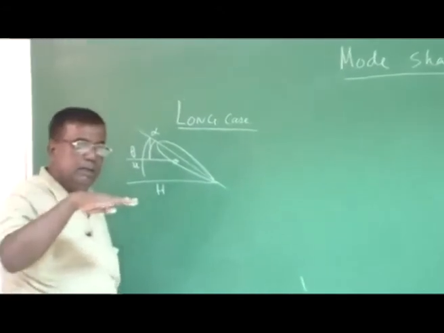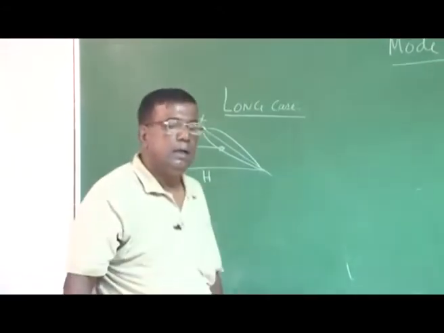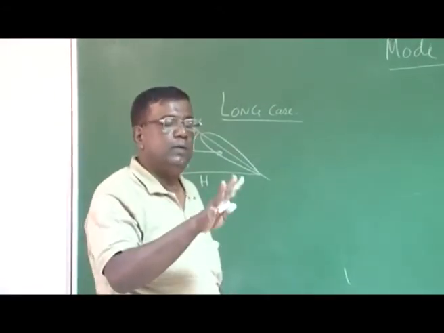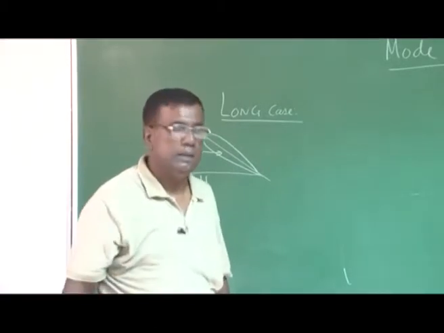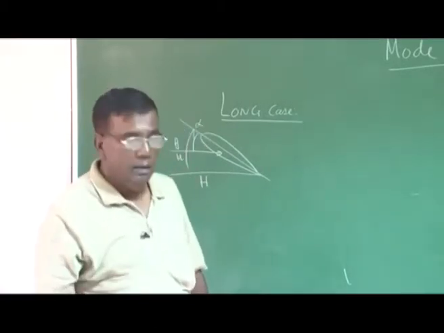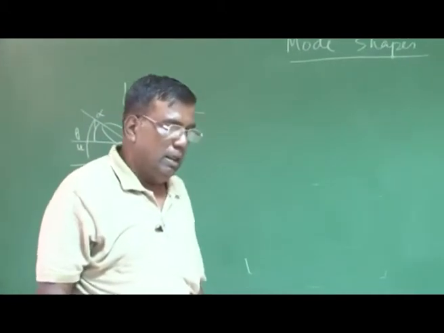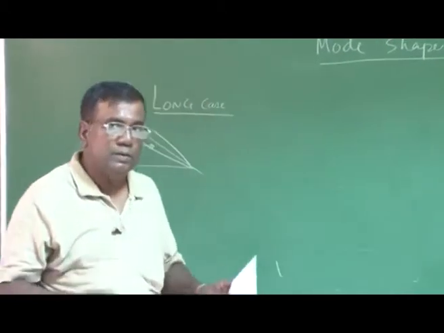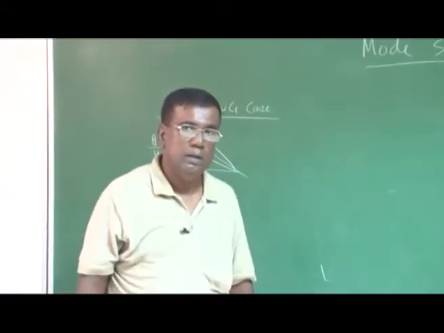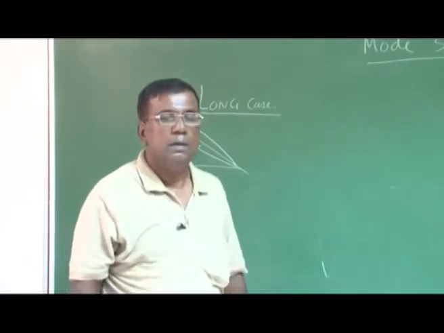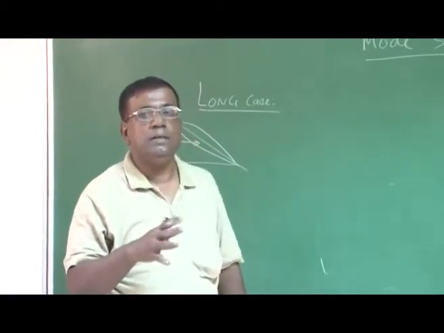If I give a disturbance to an airplane, I know the alpha will change, theta also will change. It is not only how their magnitude is changing relatively that is important. It is also important whether their change is in phase or out of phase.